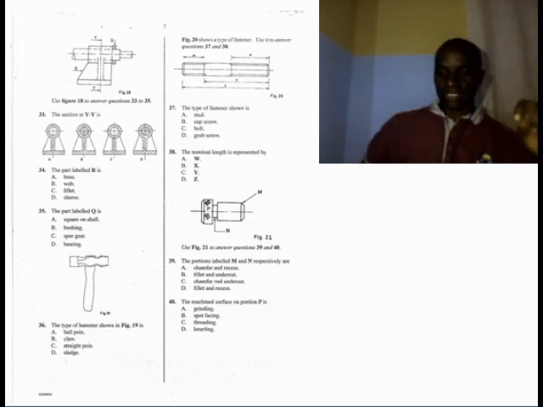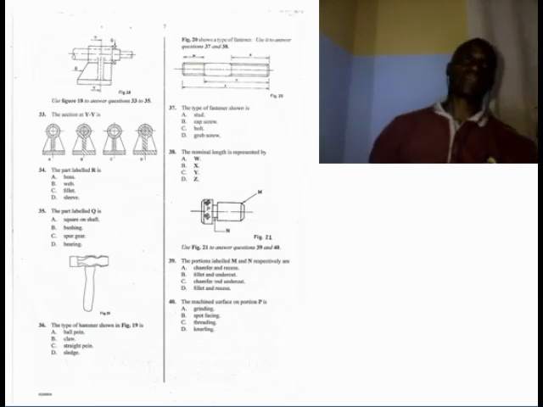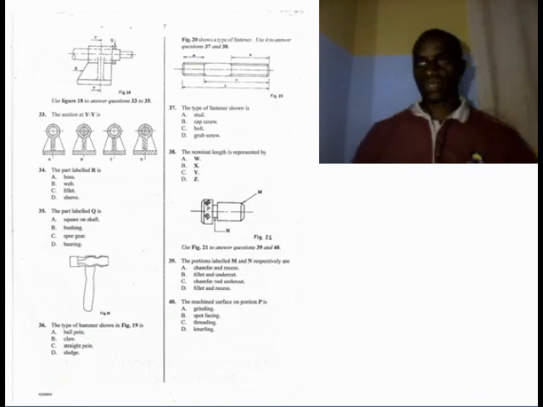Then number 39. Use figure 21 to answer questions 39 and 40. Number 39.